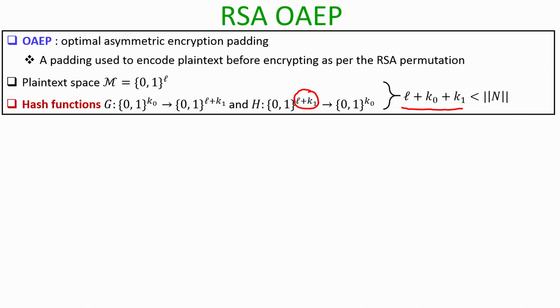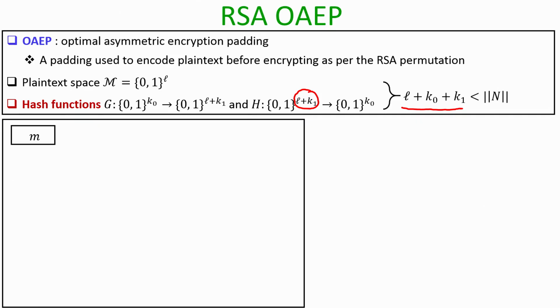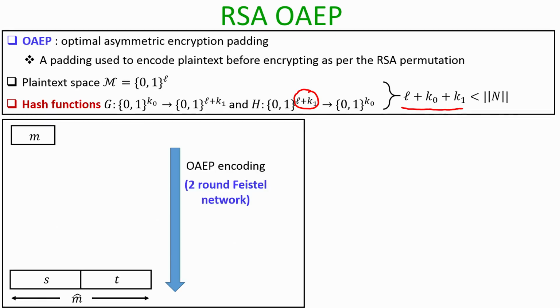The way we do the encryption in this RSA-OAEP process is as follows. Imagine the sender has a plain text little m consisting of little l bits. It pads this message as per the OAEP padding to obtain a group element m hat. This OAEP padding or encoding is nothing but a 2-round Feistel network, where in one of the rounds we use the function g as the round function, and in the second round we use the function h.